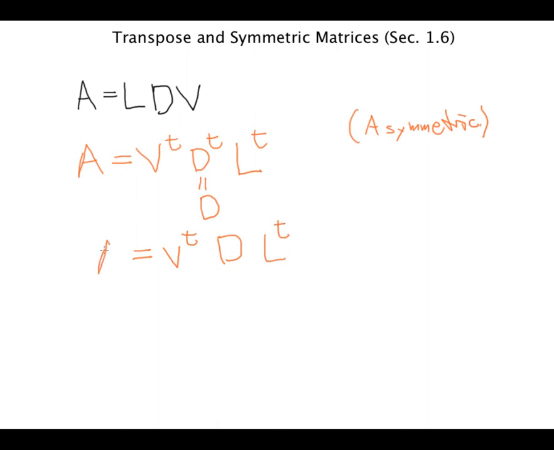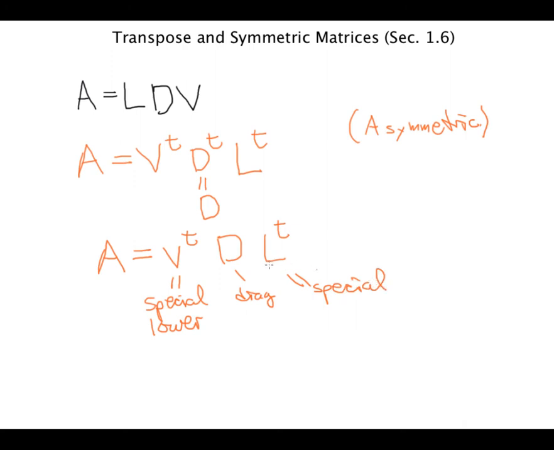And look what we've done. V was special upper triangular, so V transpose is special lower triangular. D is diagonal, and L transpose is special what?